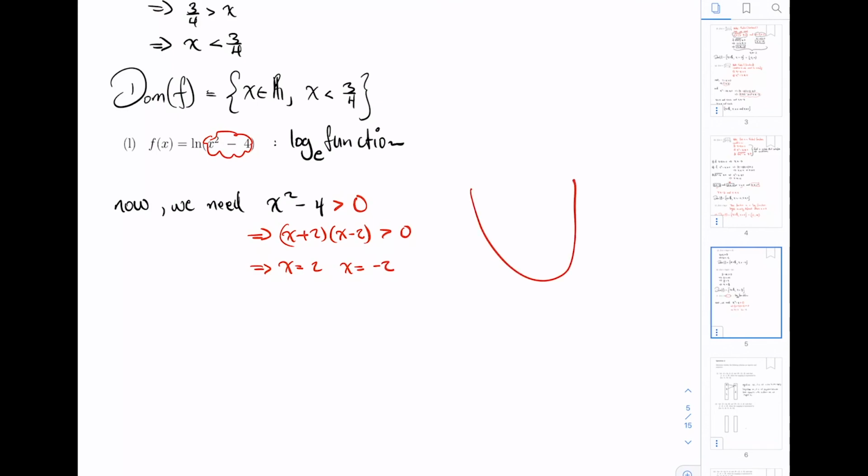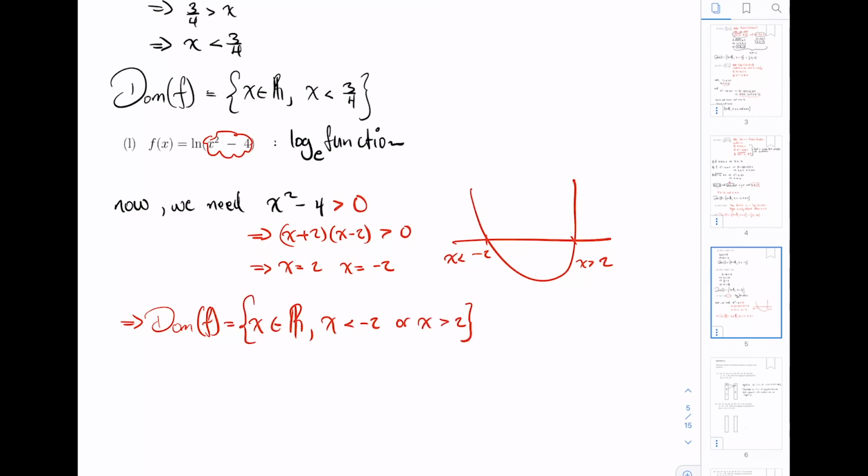So if I put this on my graph, I'll end up with negative 2 right here and positive 2, which means we must have x less than negative 2 and x greater than 2. So with that said, we can now write down the domain for our function here as x in the set of real numbers where x is less than negative 2 or x is greater than positive 2. Okay, and that's it for question number 1.